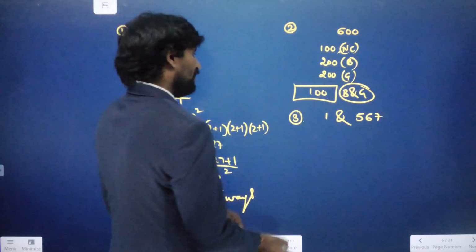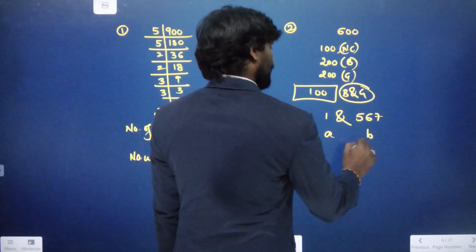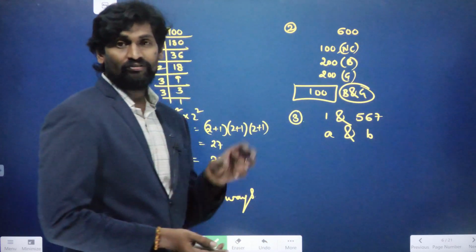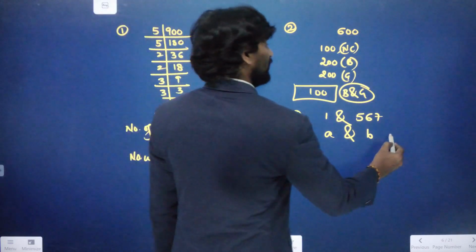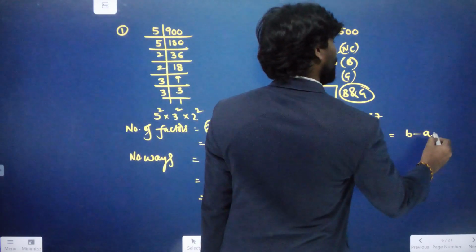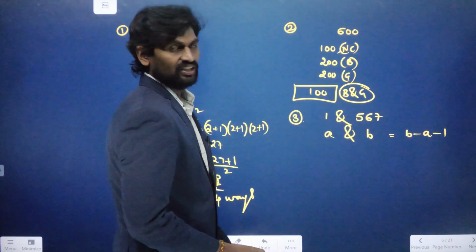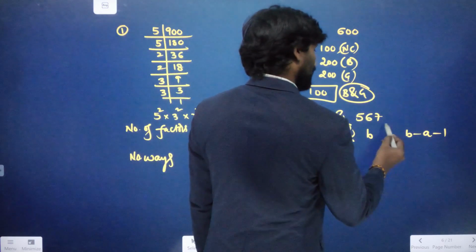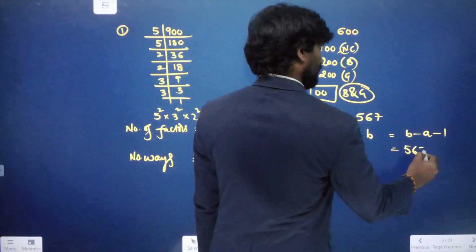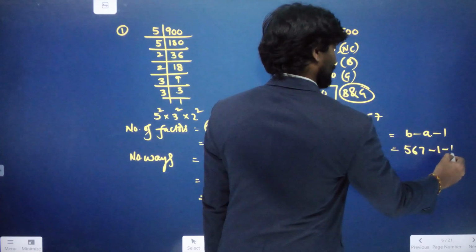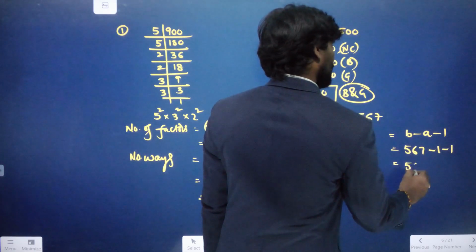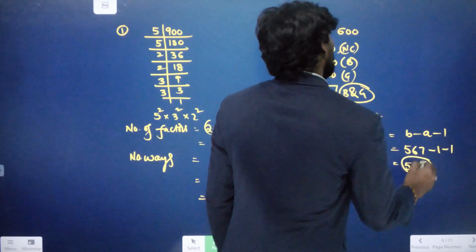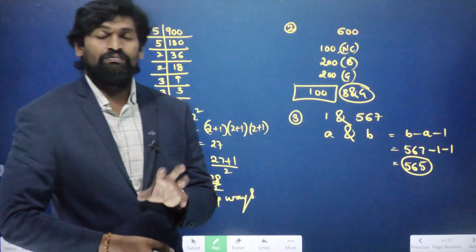For example, between A and B, how many integers will be? For that the formula is B minus A minus 1, where B must be greater than A. So same situation we are going to retrace. 567 minus 1 is nothing but 565.